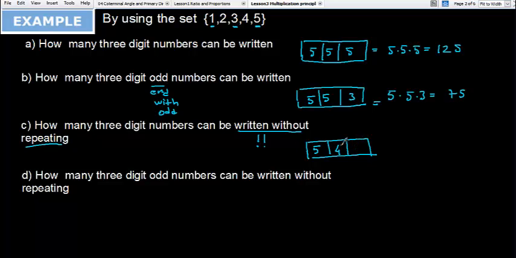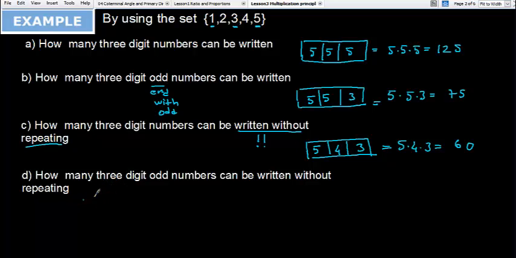If you use 2 numbers, for the third place there are only 3 possible cases. So it is 5 times 4 times 3: 5 times 4 is 20, times 3 is equal to 60. So there are 60 different numbers where the digits are not repeating.